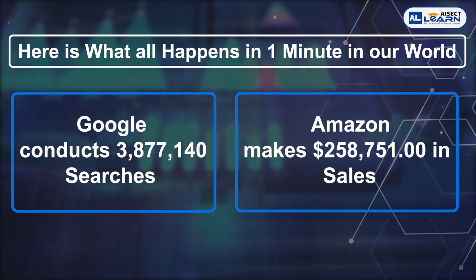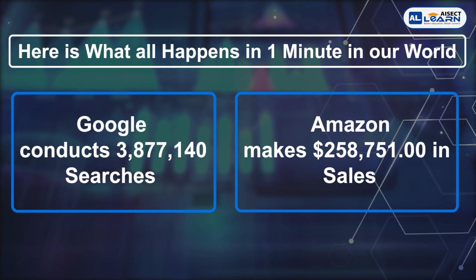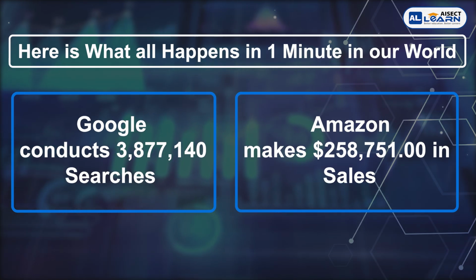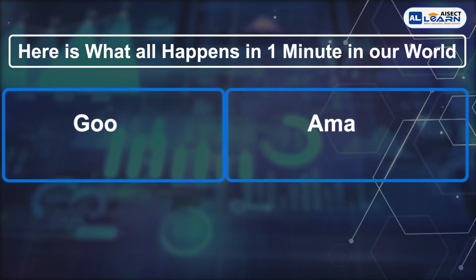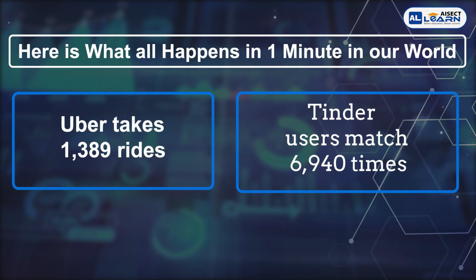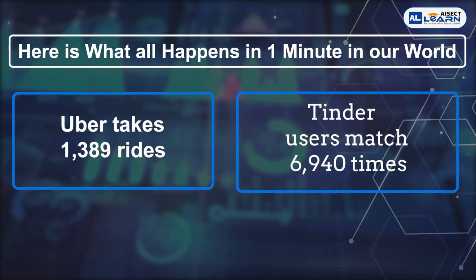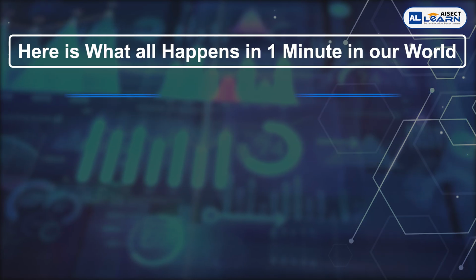For a fun fact, here are some examples. What happens in one minute of our world? Google conducts approximately 38 lakh searches. Amazon makes 25 lakh dollars in sales in one minute. Uber takes this many rides, and Tinder, a dating app, has this many matches.